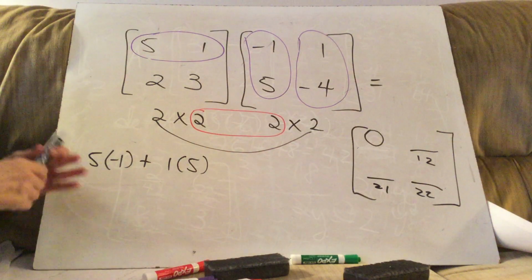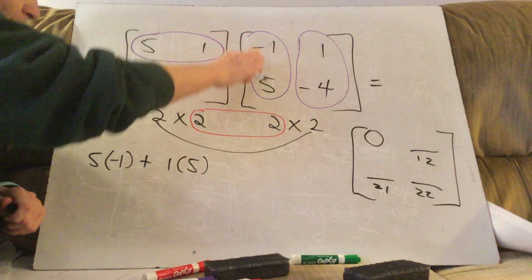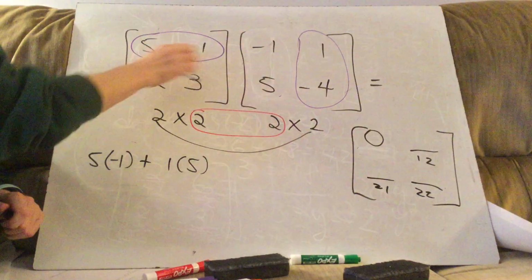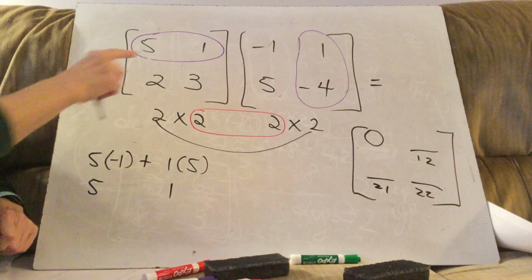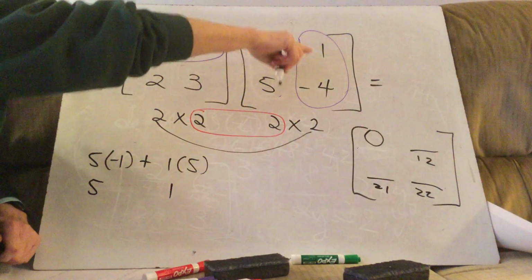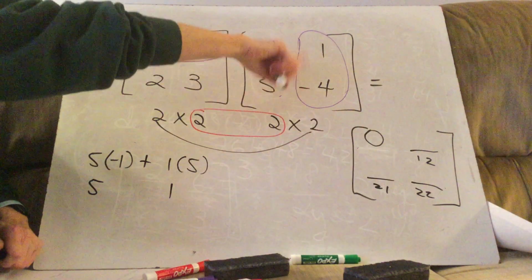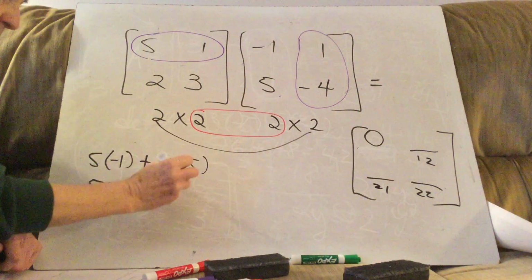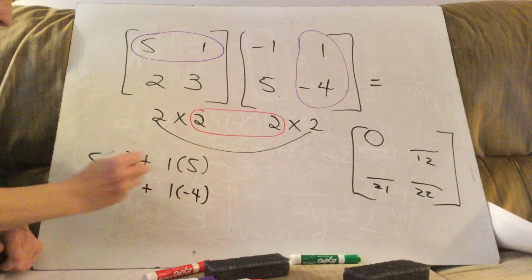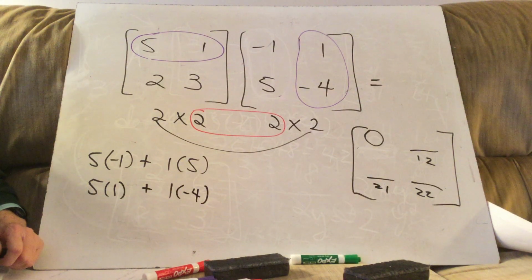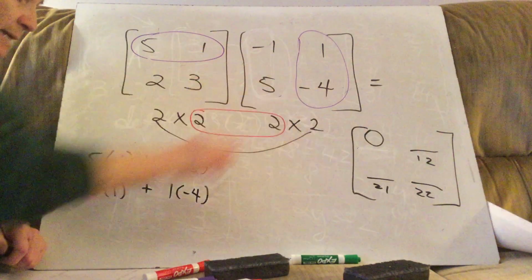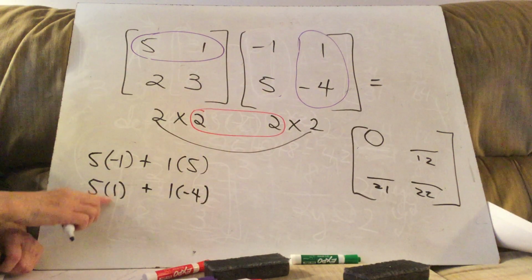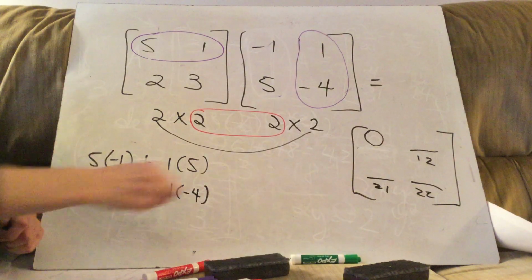So now I'm going to take my first row, which is 5, 1, and I'm going to multiply each of those by the numbers in the second column. 1, -4. So I have 5 times 1 and 1 times -4. I'm going to add those together. That's 5 minus 4. So that's a 1.